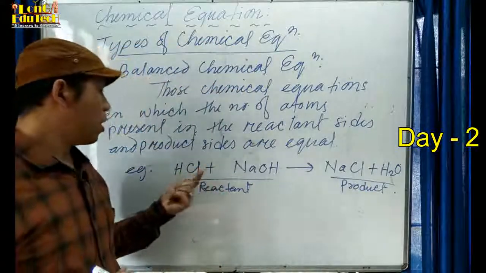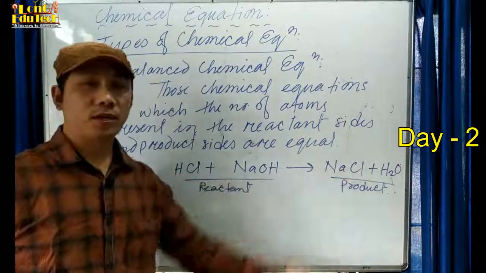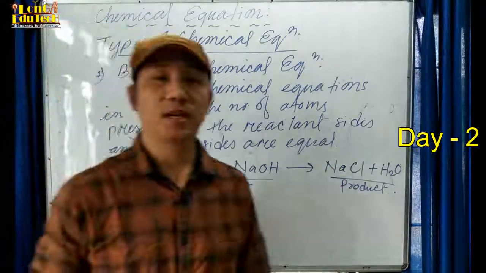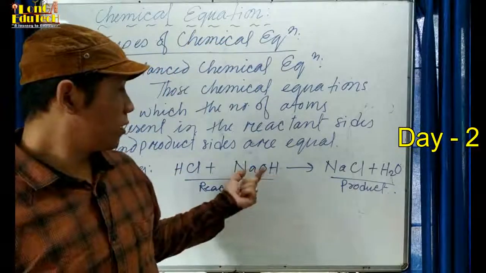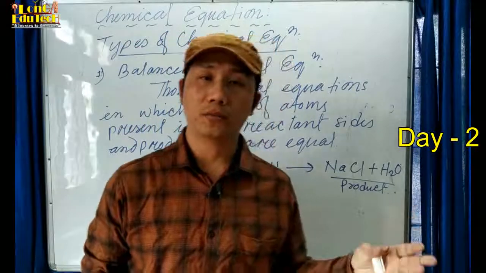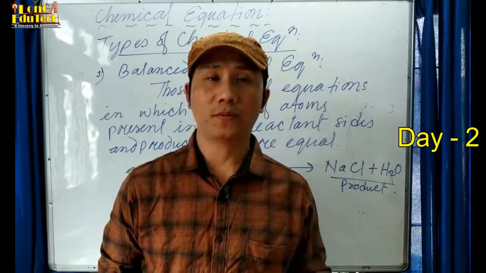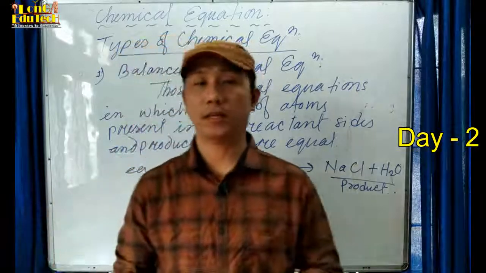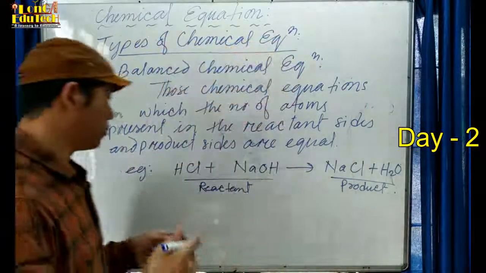You will learn how these chemicals react to form new products in the coming classes. For that you have to go back to class 9 to know the symbols of the elements, their valency, and also atomic mass. For that I will make new videos, and you can see them there. So let us proceed now.